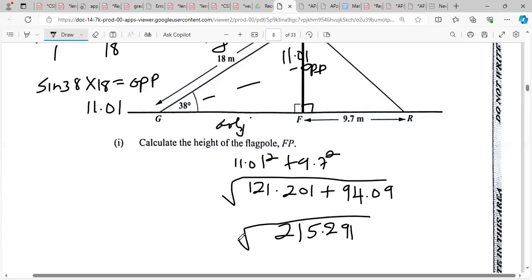So what's the square root of 215.3101? That works out to 14.67. What was the unit? Meters.